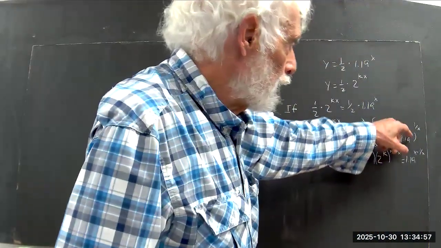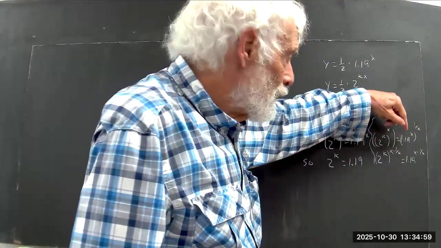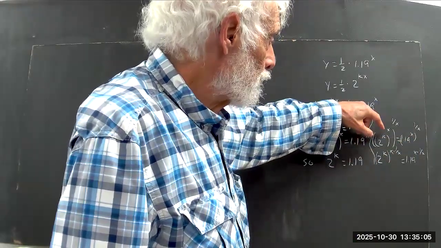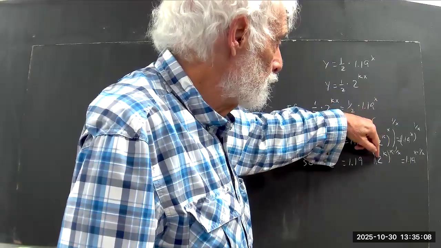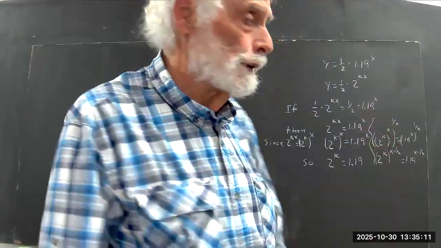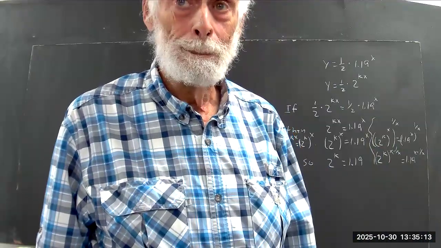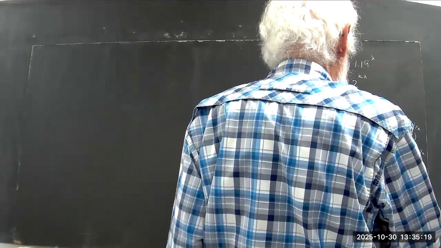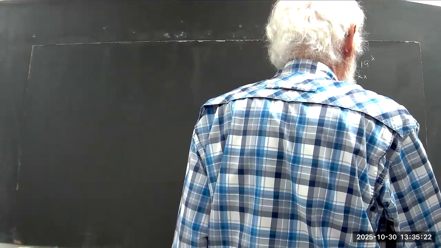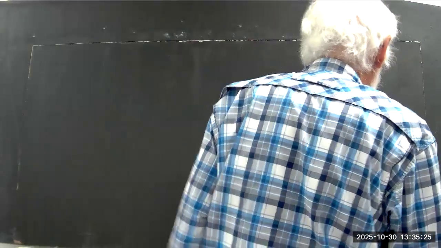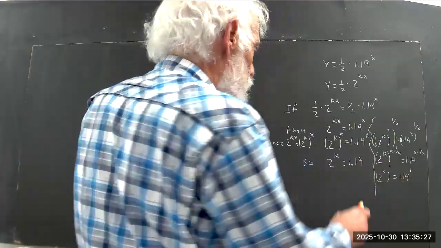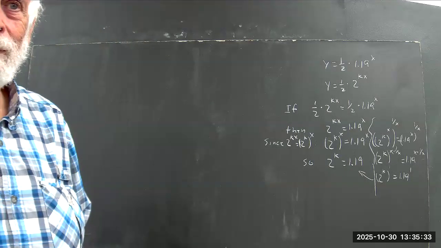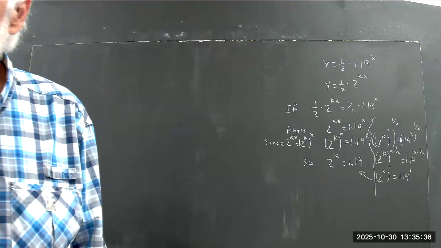Because 1.19 to the x to the 1 over x, a power of a power, you multiply the powers, x times 1 over x. 2 to the k to the x to the 1 over x is 2 to the k to the x times 1 over x, and x times 1 over x is 1. Two to the k to the first power is 1.19 to the first power, and that's just this. That's an application of laws of exponents.